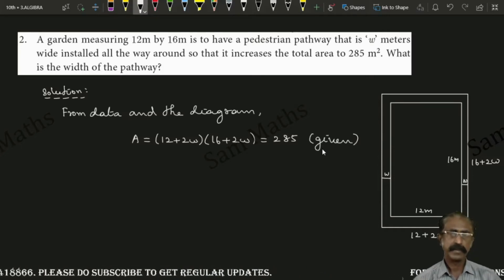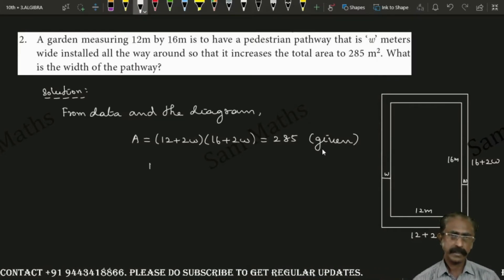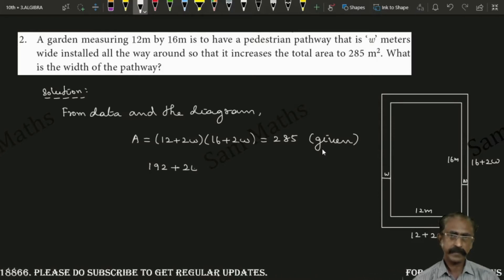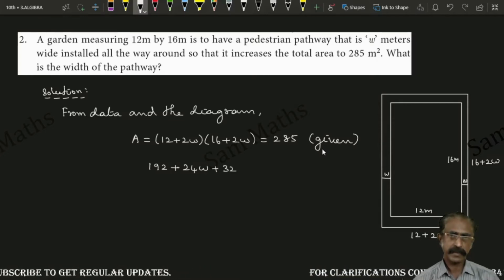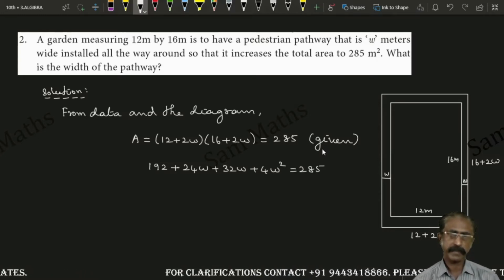Clear, children? Now we have to simplify this. Now 12 into 16, 192 plus 12 2s are 24W plus 2 16s are 32W plus 4W square equal to 285.